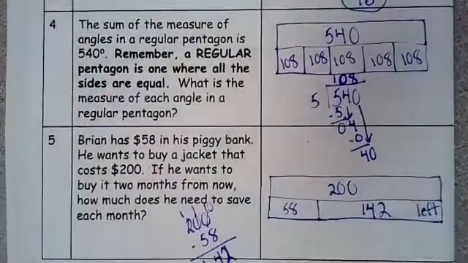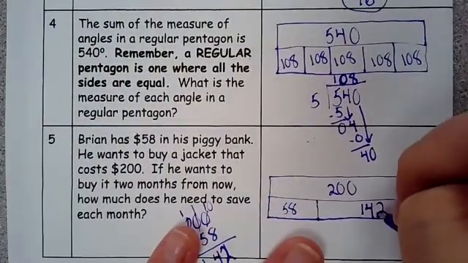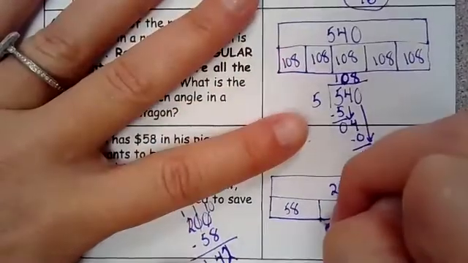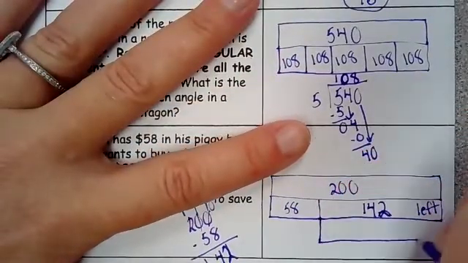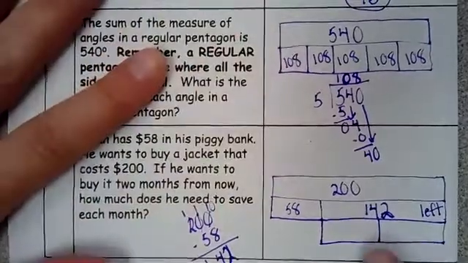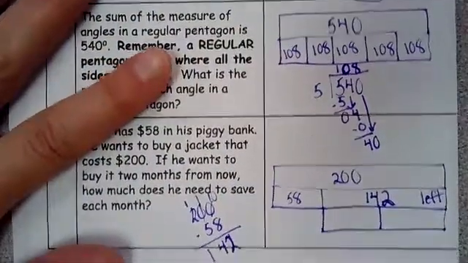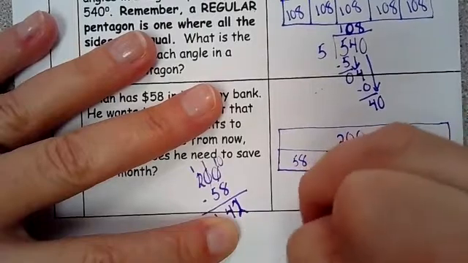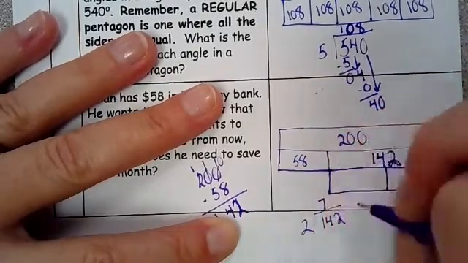It says he wants to buy it 2 months from now, so how much does he need to save every month? So you're going to take this $142 and divide it into 2 equal pieces, the first month and the second month. So if I've got $142 and I'm dividing it between 2 months, 2 goes into 14 7 times.